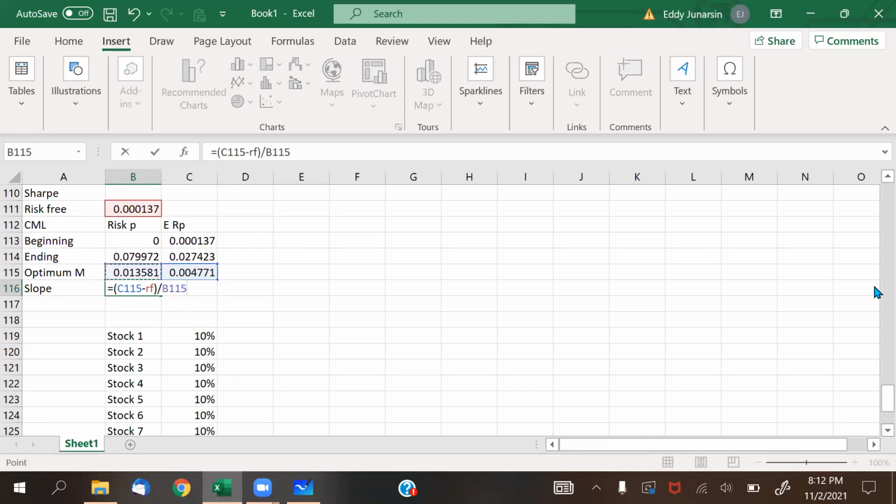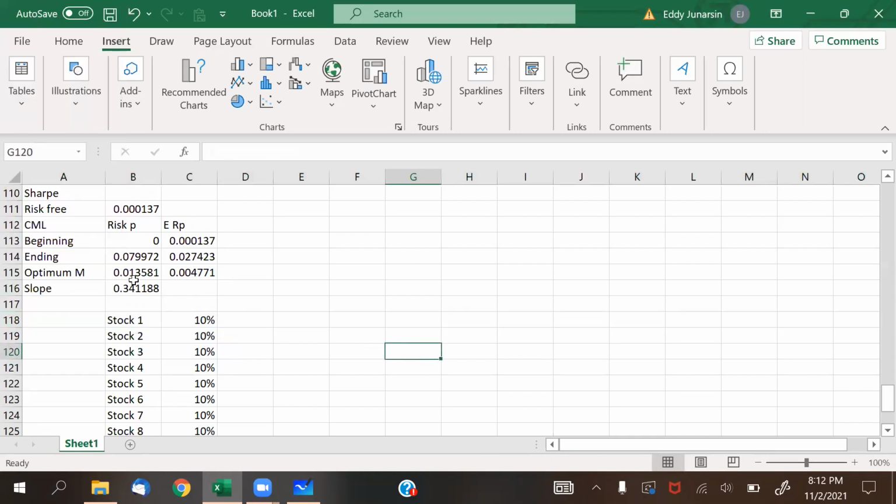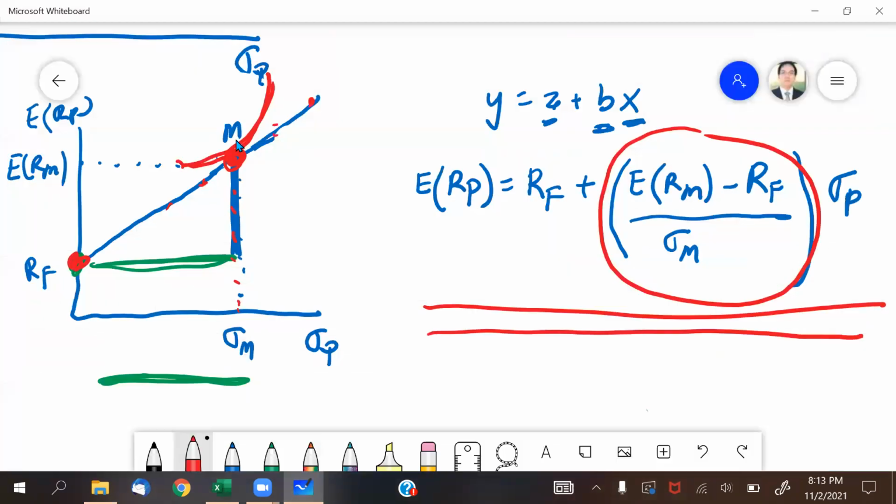Yeah, this one, right? So we need to maximize this one. Once again, we are asking solver, what should be the proportion of each asset here if I want to maximize the slope? The slope is the Sharpe ratio.